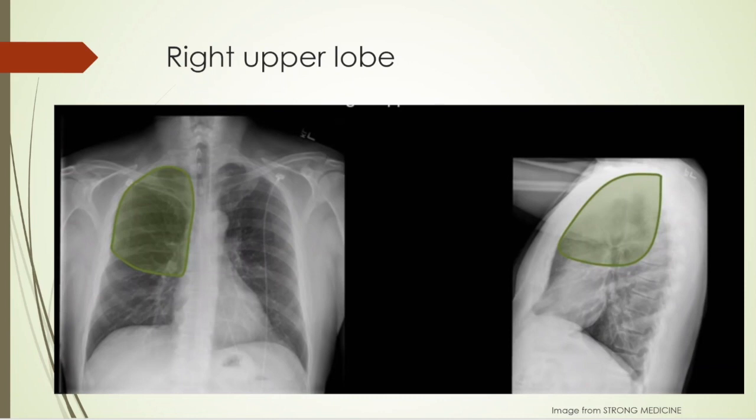You have upper, middle, lower zones, but that may not correlate with the actual lobes of the lung. And this picture you're looking at here is of a right upper lobe. And you can see on the PA film on the left, the lateral film on the right, that's where the right upper lobe lies.